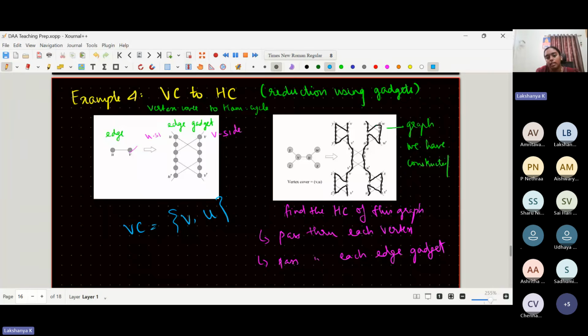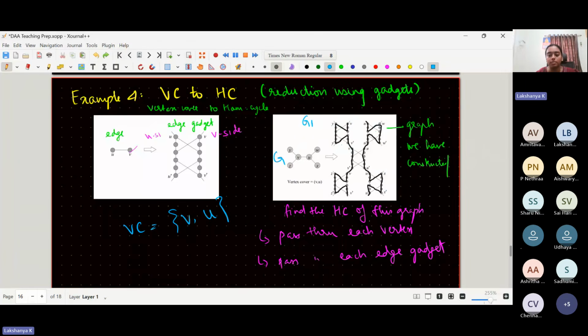Now we are going to construct a new graph. If this graph is G, let's call this G1, where in G1, for every original edge, you put the corresponding edge gadget. That is the construction we have made. Now I will find the Hamiltonian cycle for G1.